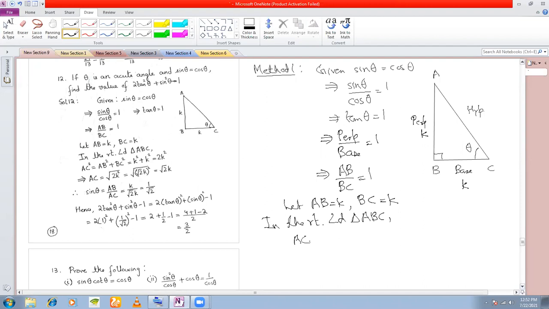AC square is equal to AB square plus BC square. AB and BC both are equal to K. So this is equal to K square plus K square, which is 2K square.